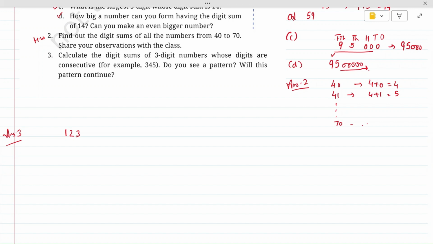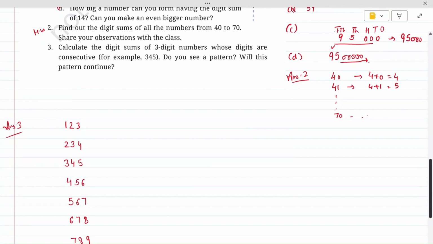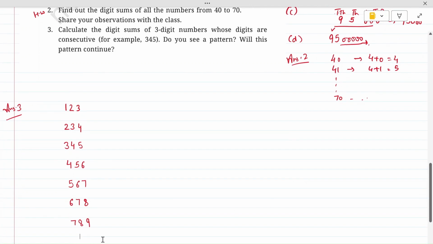Consecutive: 1, 2, 3, then 2, 3, 4, 3, 4, 5, 4, 5, 6, then 5, 6, 7. Next, we have 6, 7, 8, then 7, 8, 9, and then we cannot take 8, 9, 10 here, right?